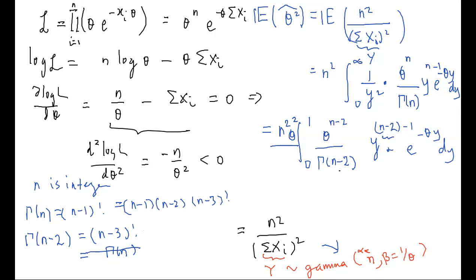So your gamma n is equal to n minus 1, n minus 2, times gamma n minus 2. So gamma n minus 2 is equal to gamma n divided by that; you have n minus 1 here, n minus 2 here, all right?